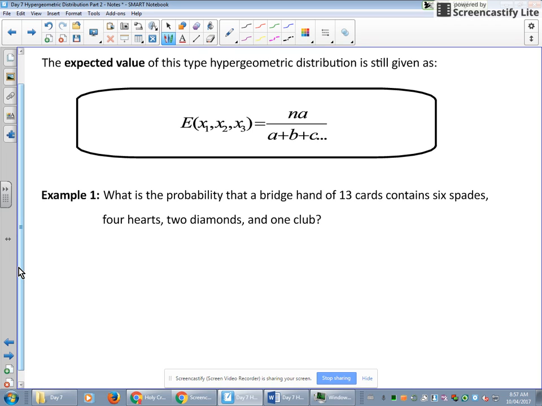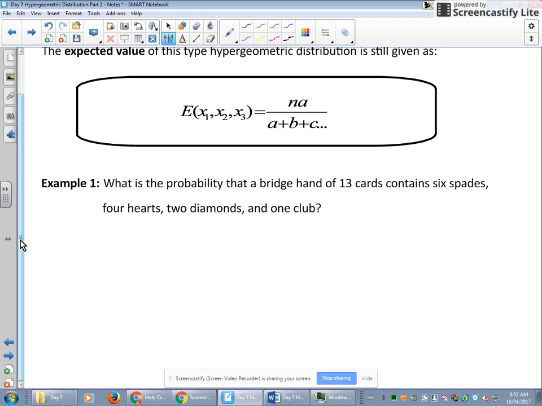All right, so our example here is: what is the probability that a bridge hand of 13 cards contains 6 spades? So we have 13 cards in total, 6 spades, 4 hearts, and 2 diamonds.